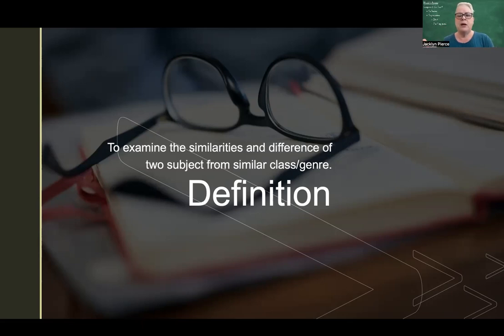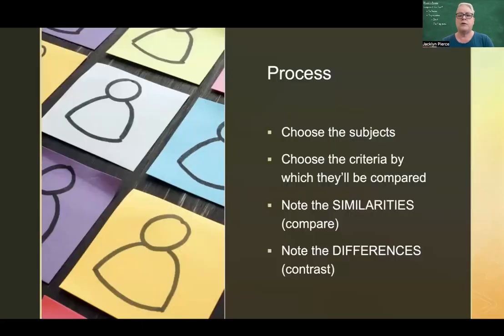You can compare two movies on a lot of different bases, but if you're writing a comparison contrast paper about movies, you typically will need to have two that are from the same genre. So say two horror movies or two romantic comedies or two action adventure movies, not two completely separate types of movies, because it just doesn't make for a very good comparison contrast. So that's what we mean when we say similar class or genre.